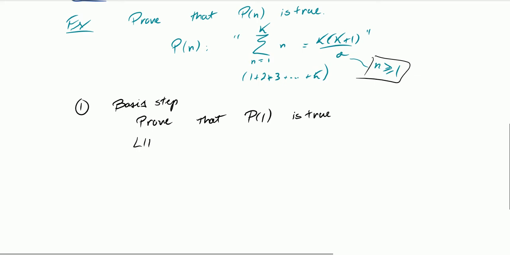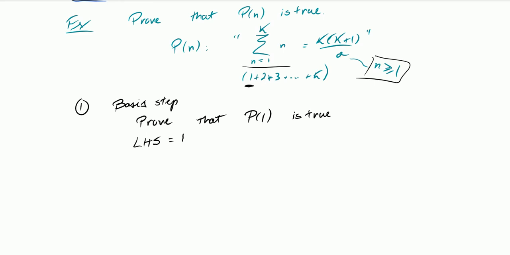The left hand side is the sigma from n equals 1 to 1 of n, so that's just 1.